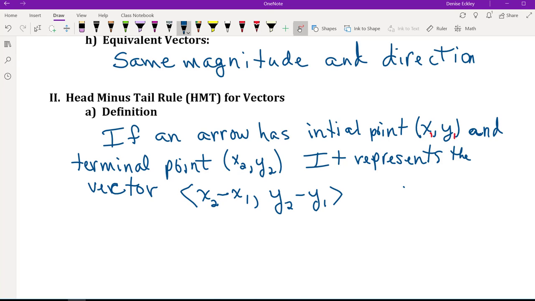Okay, so that's the head minus tail rule. So if you're given 2 points in space and you're asked to represent the vector that shows how you move from x1, y1 to x2, y2, use the head minus tail rule.